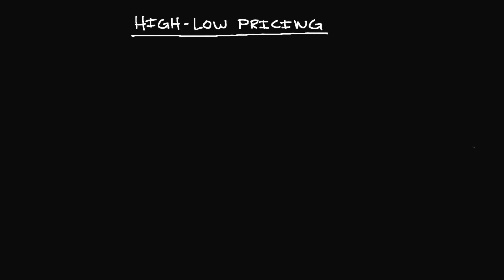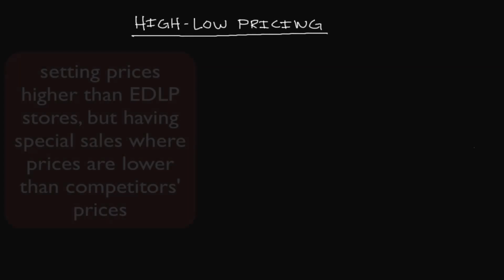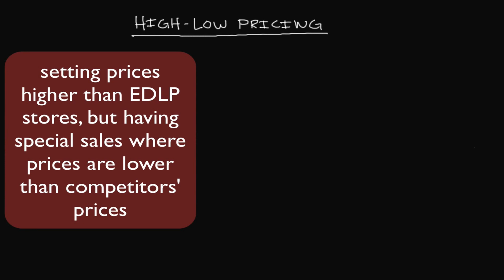First, let's start with a brief description of what high-low pricing entails. High-low pricing involves setting prices that are higher than everyday low pricing, which we discussed in our previous video, but also having special sales where we price a particular product lower than competitor prices.